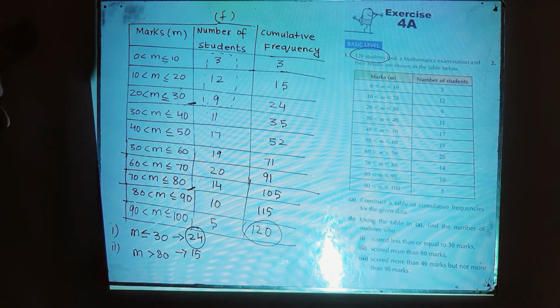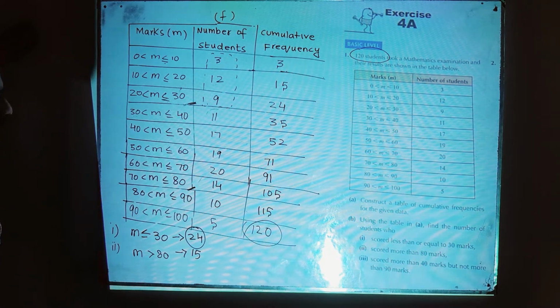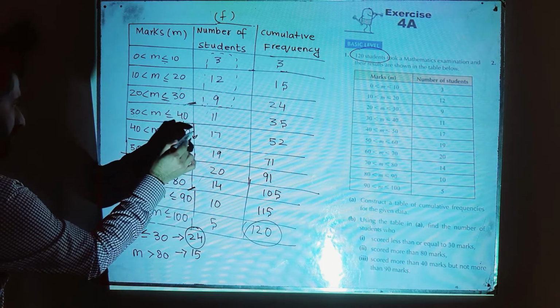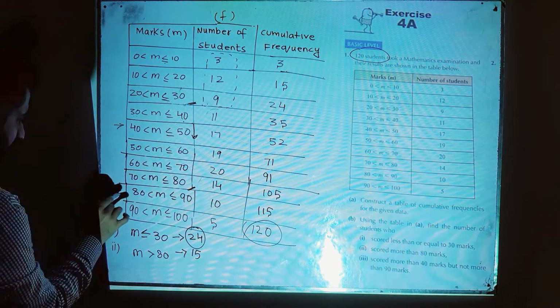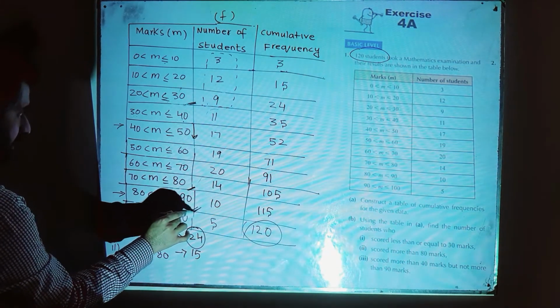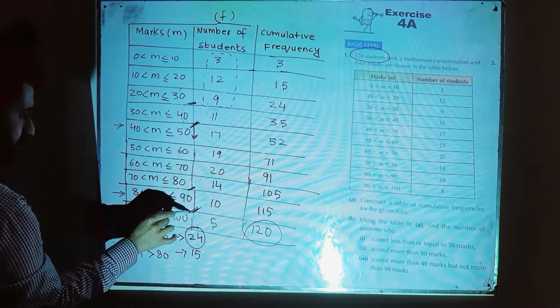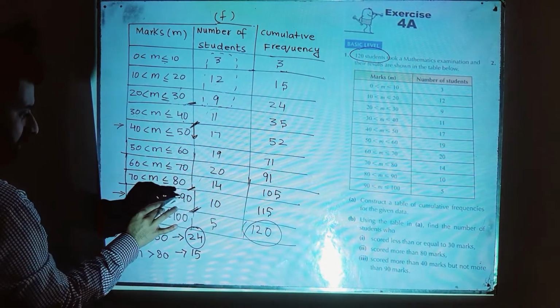And the last one is scored more than 40 but not more than 90. More than 40 means 40 is not included. Starting from here, more than 40 and less than or equal to 90, because it is not more than 90, meaning it may be equal to 90.